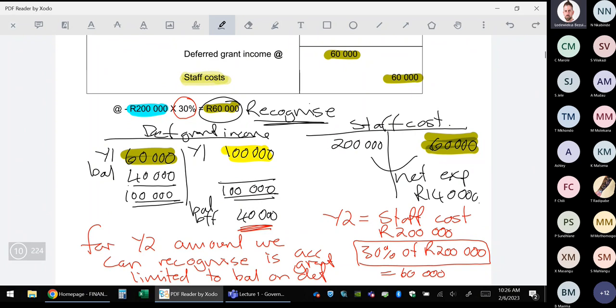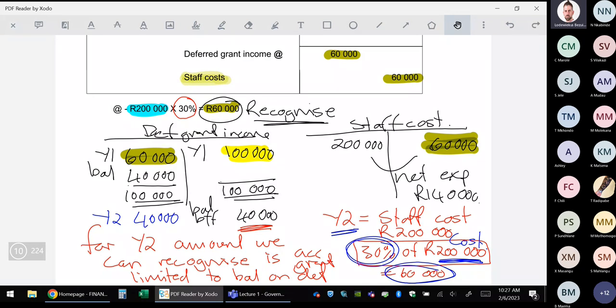So although we want to recognize 60,000, because year 2 salaries again was 200,000 and we recognize 30% of the cost, we only have 40,000 available on the deferred grant income account. So for year 2, we can only debit the deferred grant income account with 40,000. Otherwise, you won't have the correct accounting.